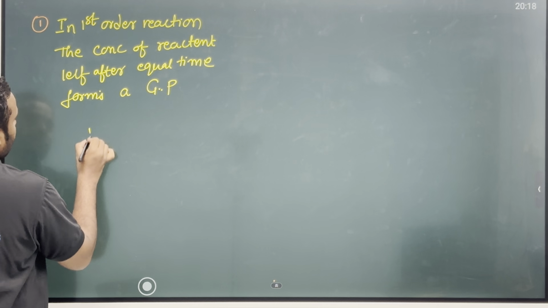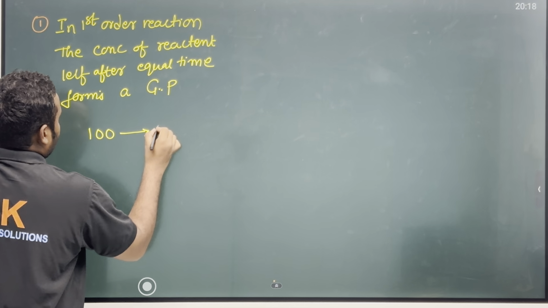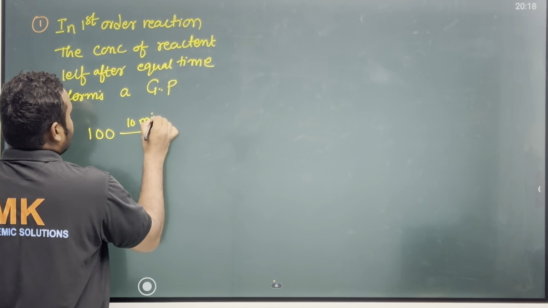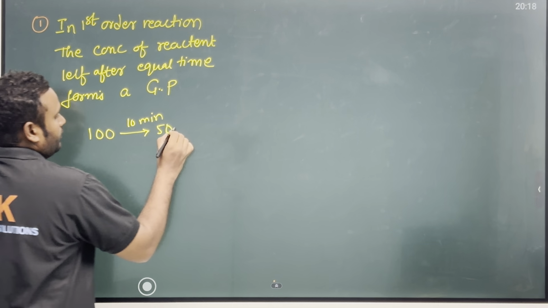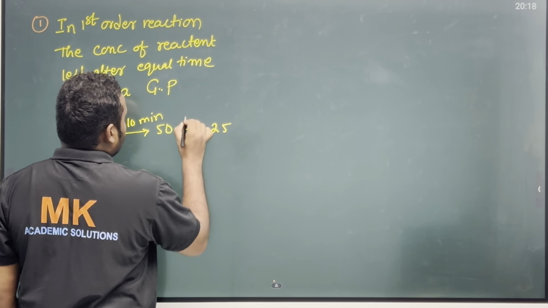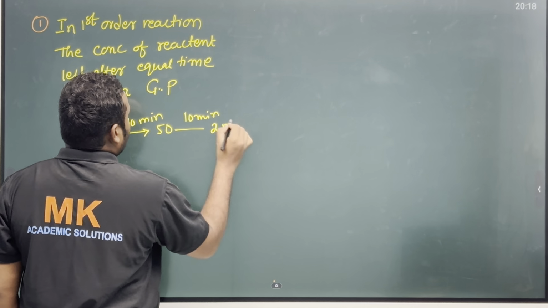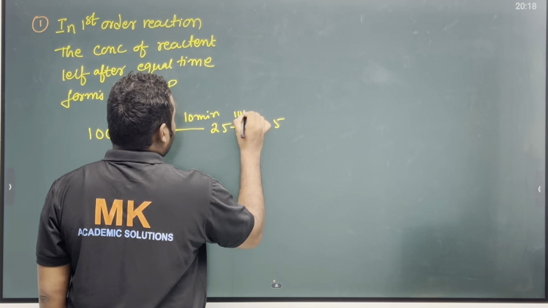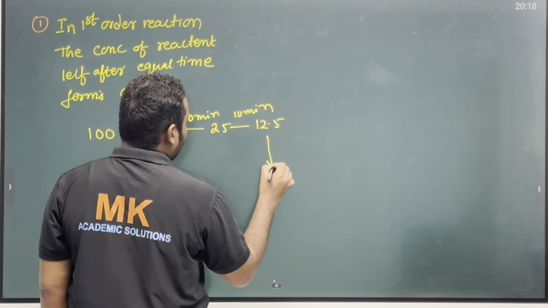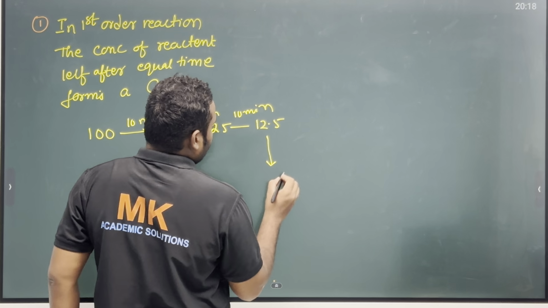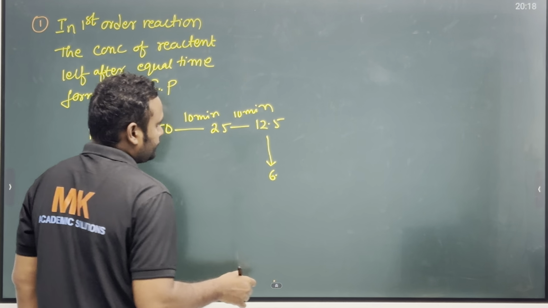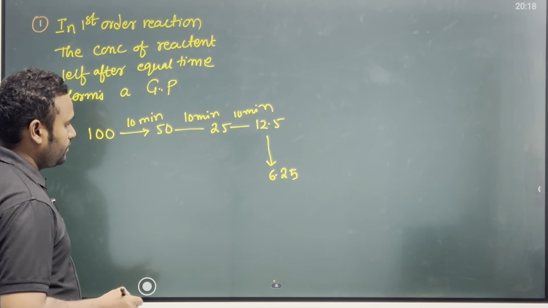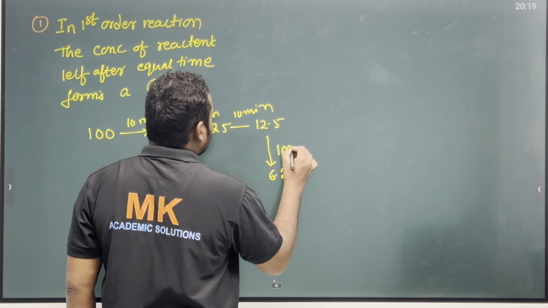For example, see here 100 molecules are converting into 50 molecules. Let us consider within 10 minutes they are going to convert. 50 molecules are again converted into 25 molecules within 10 minutes only, and 25 molecules are converting into 12.5 molecules within 10 minutes only, and 12.5 molecules are converting into 6.25 within 10 minutes only.